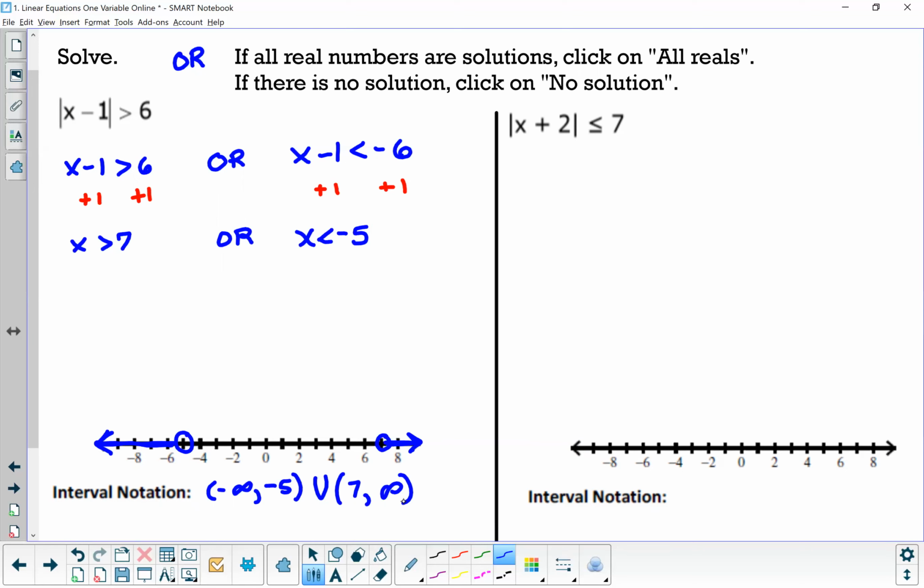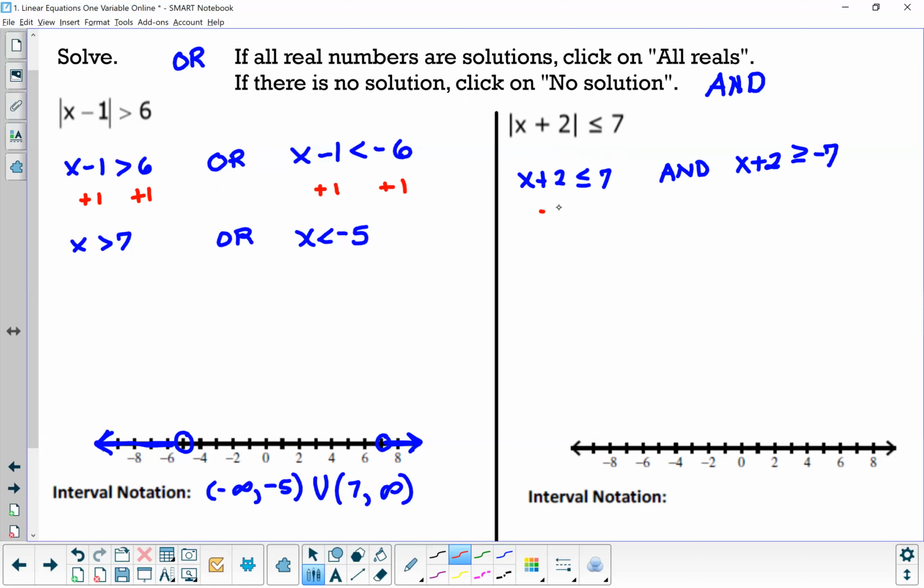So to begin with, we have a less than or equal to sign, so we know that's going to correspond to our compound inequality for and. I'm going to write the two inequality statements. We have x plus 2 is less than or equal to 7, and x plus 2 is greater than or equal to negative 7.